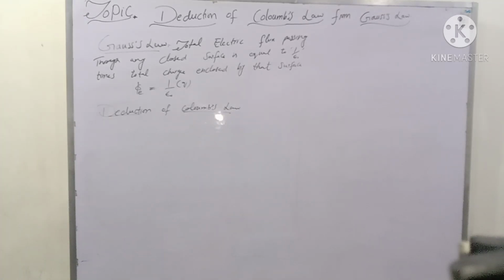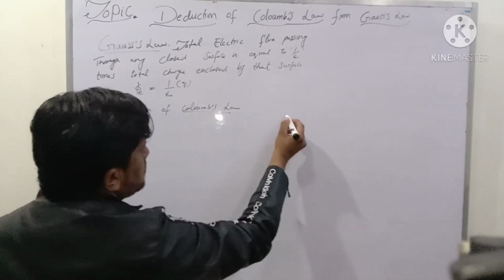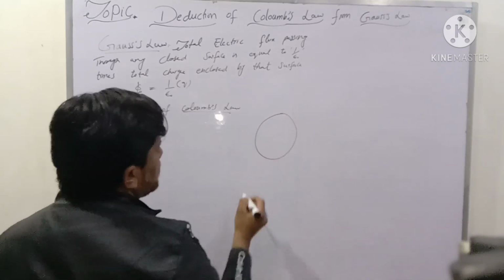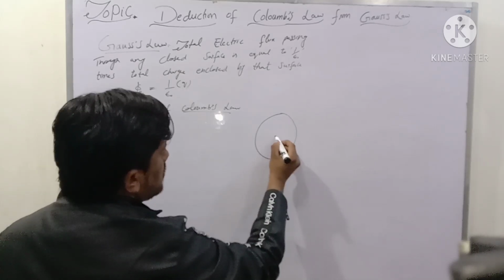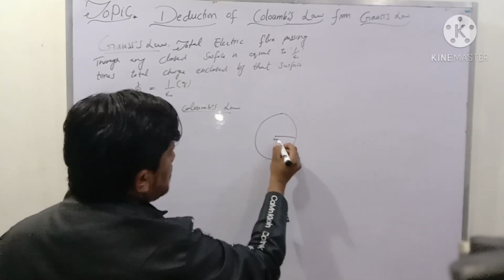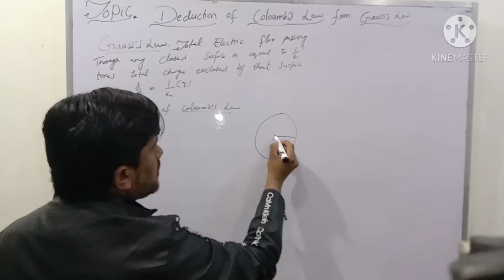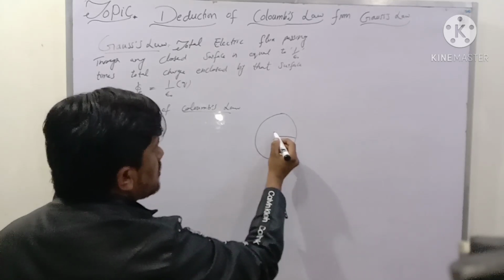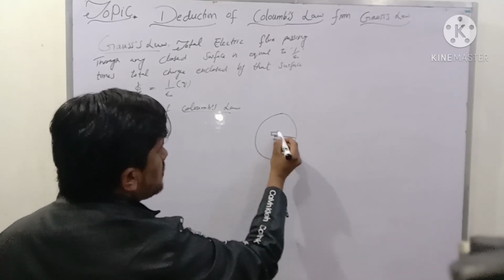Firstly, students, first of all, we take a sphere and a positive charge q. Take a point, small area dA.